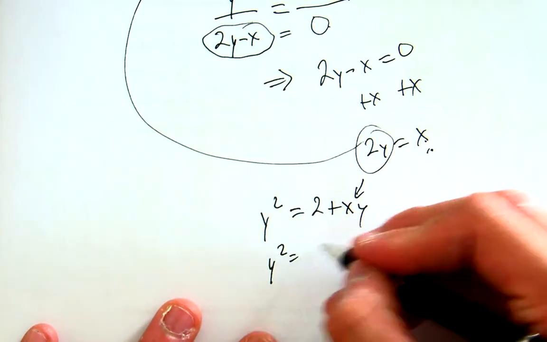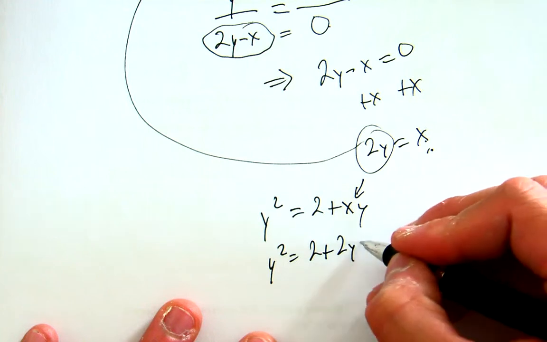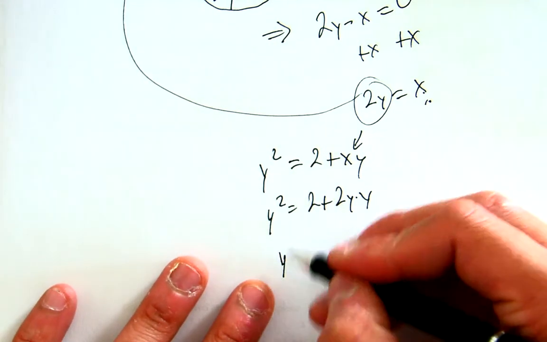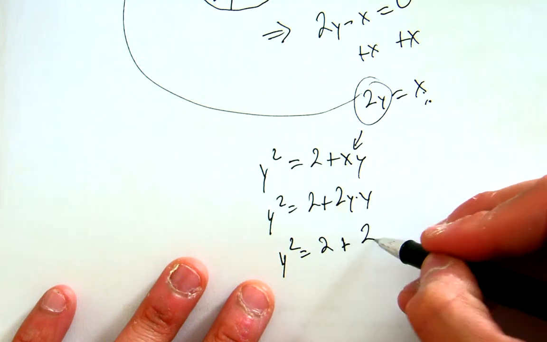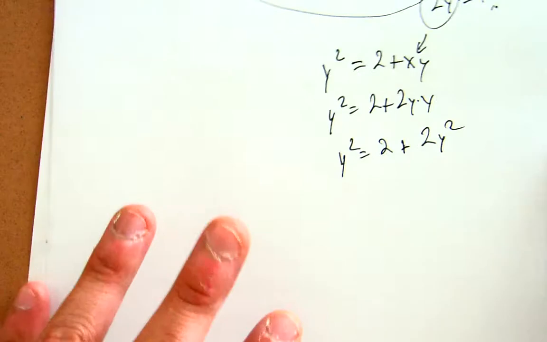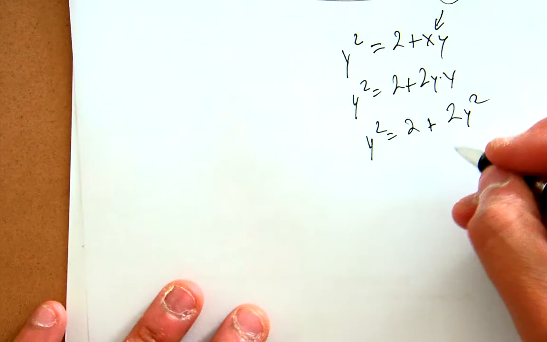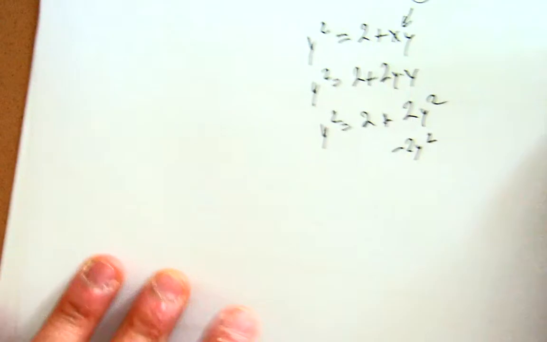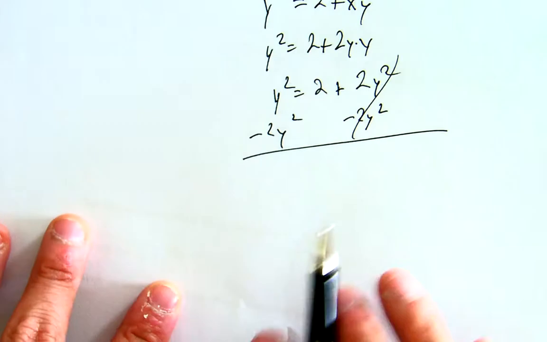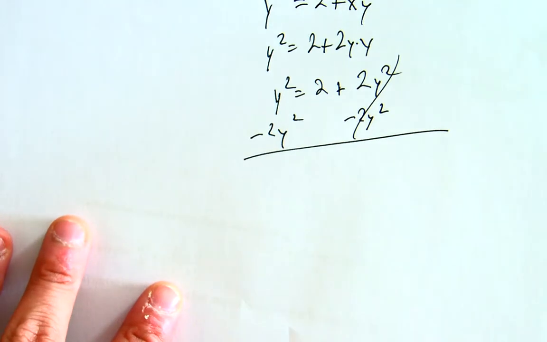So y squared equals 2 plus 2y times y, and then y squared equals 2 plus 2y squared. Now we're going to solve this, or attempt to at least. I'm going to subtract 2y squared, and hopefully an alarm is going off in your head. What's the problem with this now, at this stage? Anyone know?